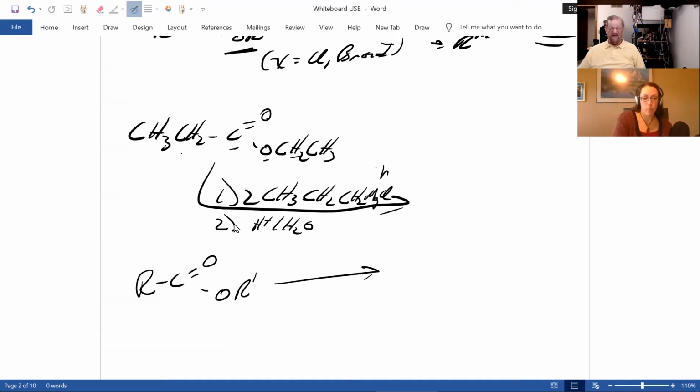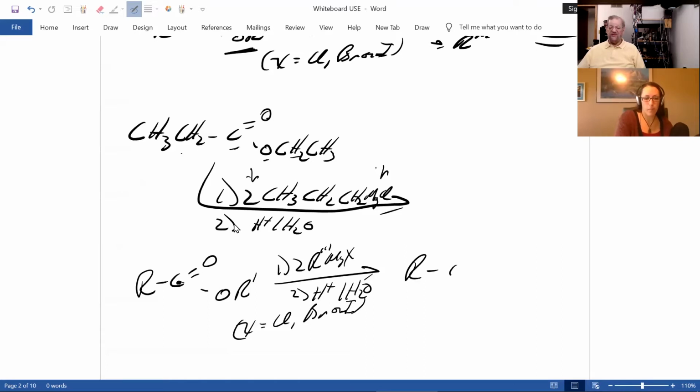And there are 2 of them. That's a Grignard. Remember, X can be chlorine, bromine, or iodine. Second step, acid and water. Keep your eye on the carbonyl carbon, that's where the fun is. And you get 2 alcohols.